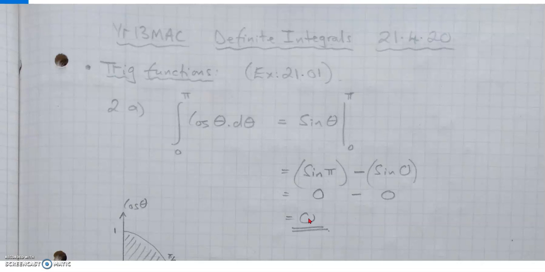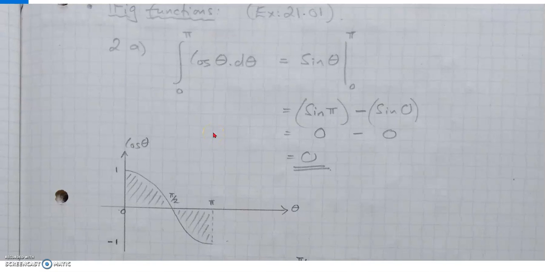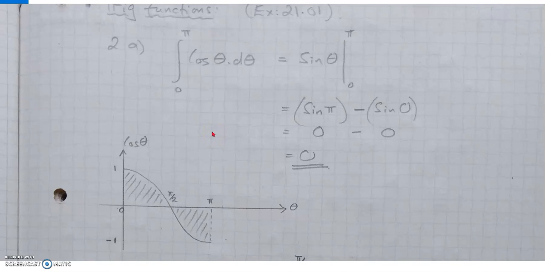Now, you may say to me, well, hang on, sir, you've been telling us that when we do an integration like this, we're finding the area underneath a curve. Well, how do we get 0 for an area underneath a curve? What I've done here is try to show you why this happens in this particular case. The reason is because the cosine curve is something like this, between theta equals 0 and theta equals pi.